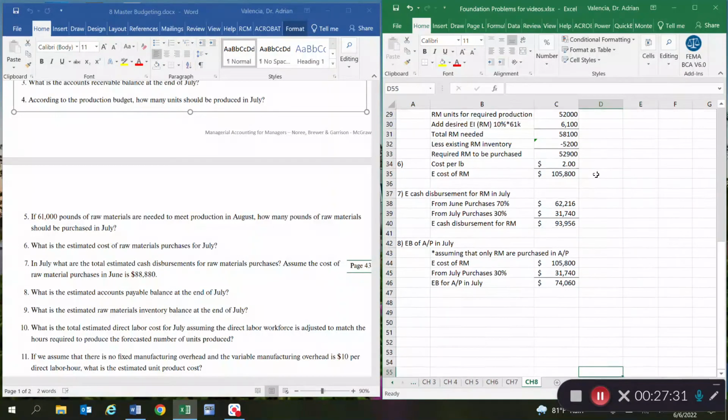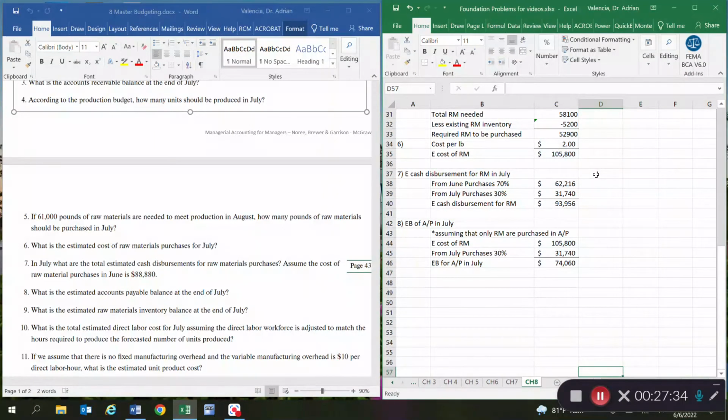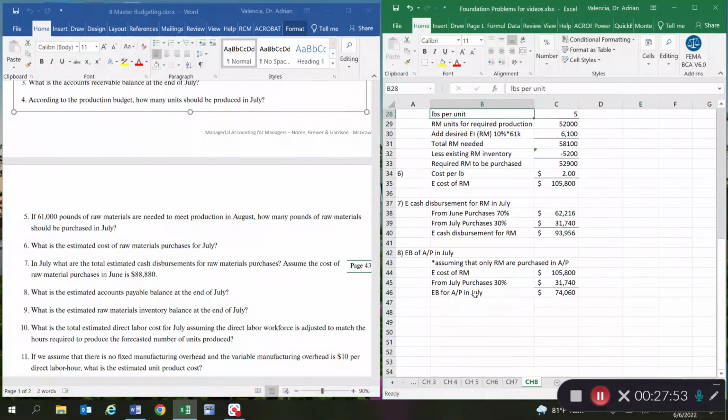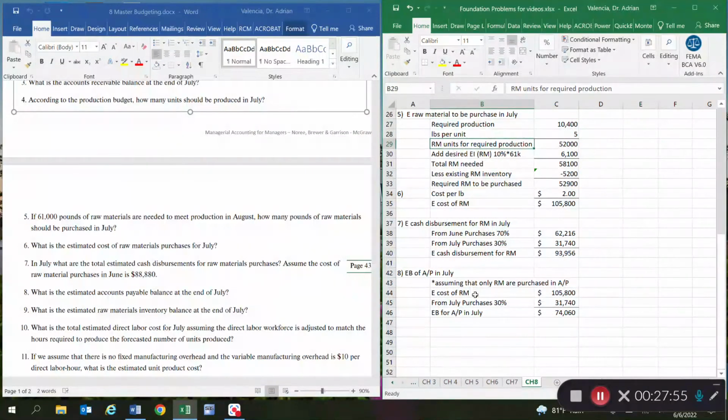Okay, so let's look at number 9. 9 says, what is the estimated raw material inventory balance at the end of July? Okay, so the raw material inventory balance would be the dollar amount that we think we have left over. So recall that in terms of raw material, we purchased what we needed here, right?